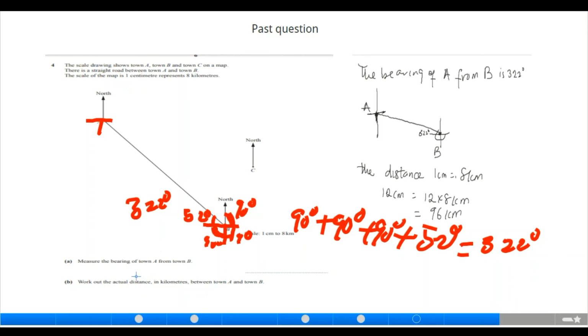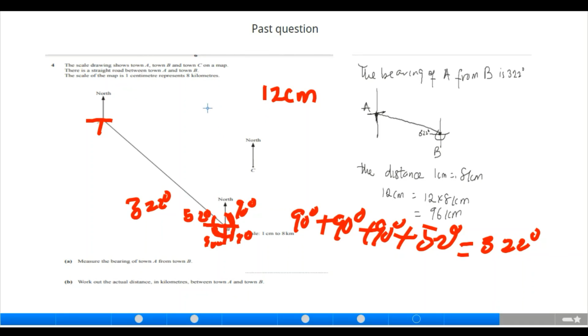Now the next one is we should estimate the actual distance in kilometers between town A and town B. We are going to be estimating this as well. If we place our ruler through, we measure that the length of A to B is around 12 centimeters. They have told us that 1 centimeter is 8 kilometers, and we have to read in kilometers.